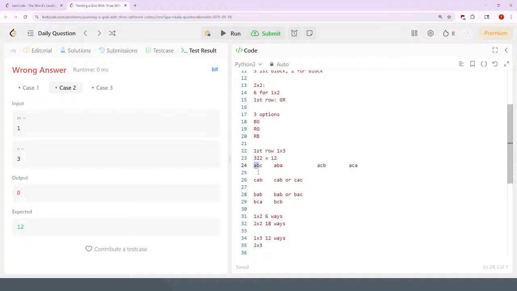So if it's the first 2, there's 6 ways to form something below that. And of those 6 ways, 6 ways? No, it's 3 ways. No, it's 2 ways. No, it's 3 ways. Okay, there's 6 ways of forming the first 2.